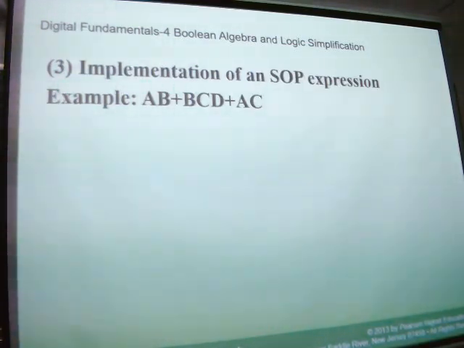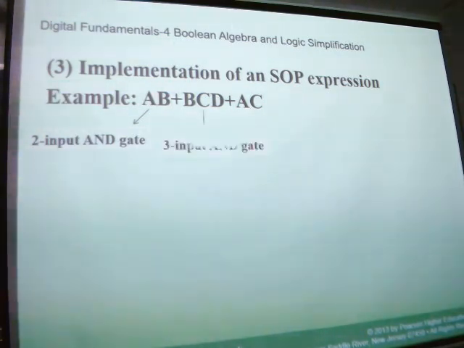Implementation of SOP expression. This example: AB plus BCD plus AC. This is a two input AND gate. This term is a three input AND gate.